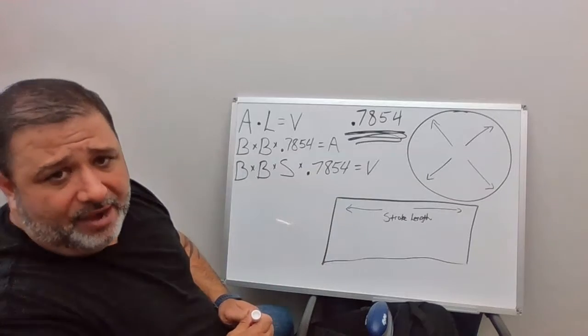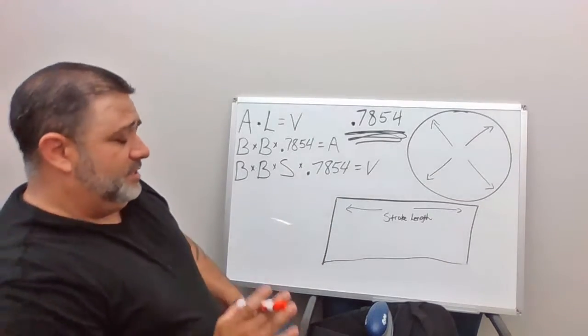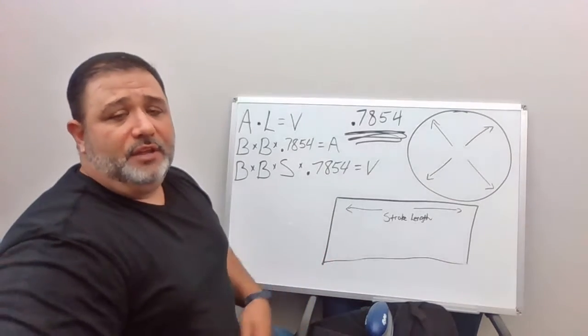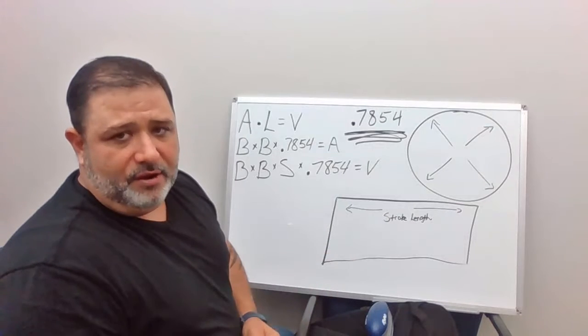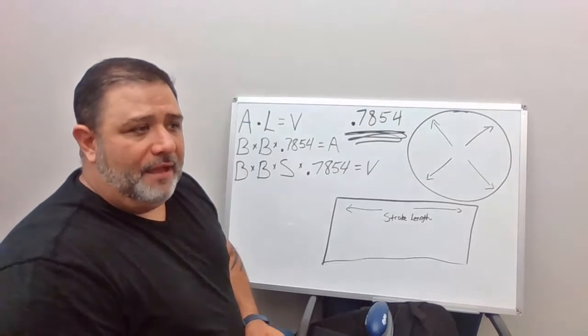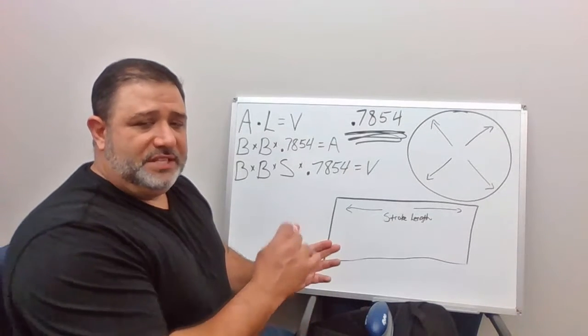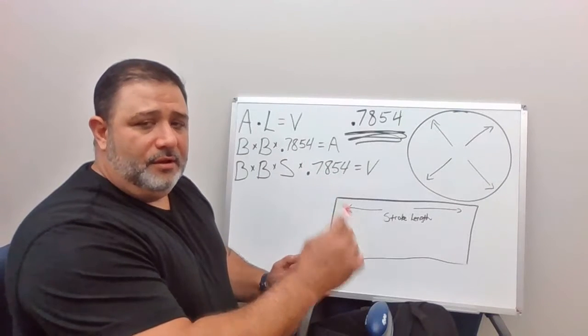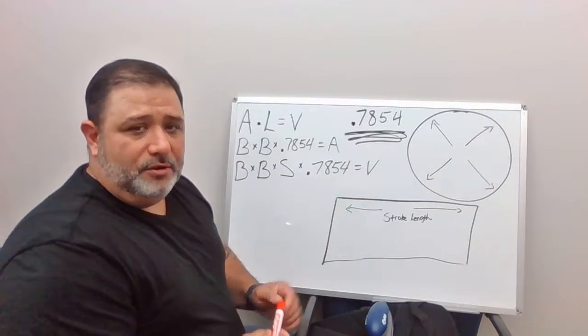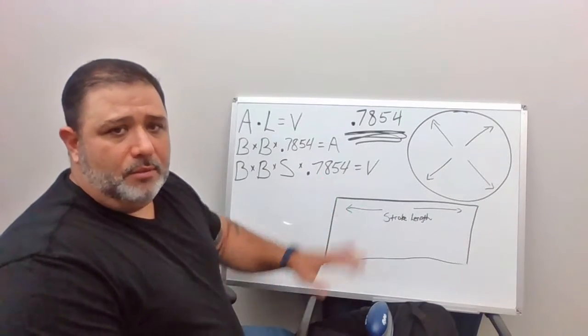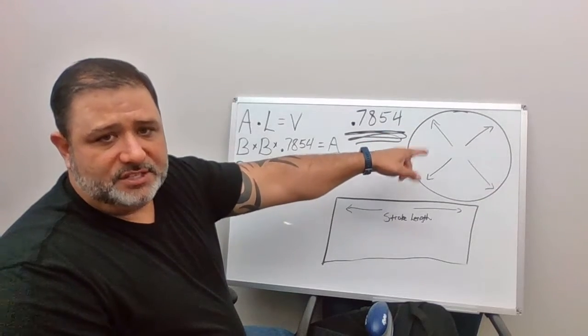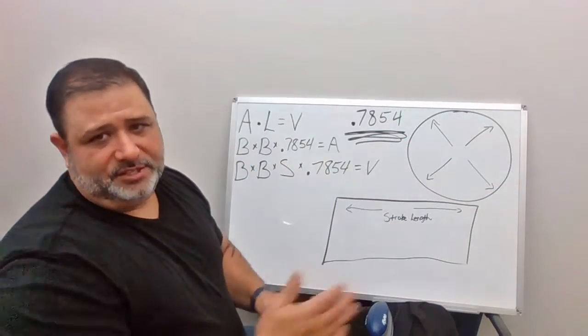So with that said, I'm going to show you how to figure the area of the cylinder, or the area of the piece you're trying to figure out, the bore of it. We've seen how to figure, if we had our area, what to do with the pressures and stuff on it a while ago. Now we're going to figure out the area of this cylinder. So you see I've got an X through it.